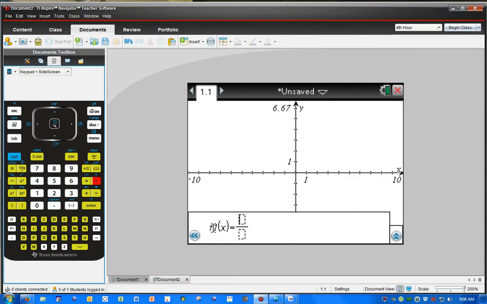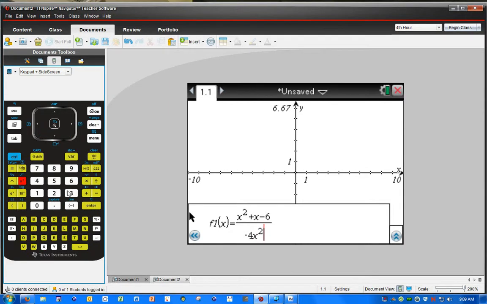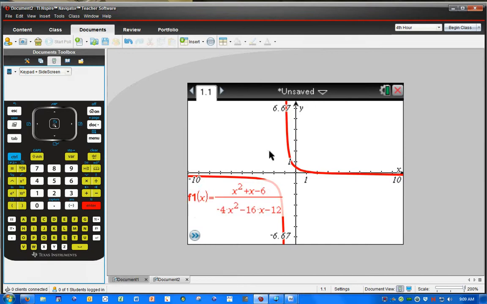So I make a fraction. I'll get x squared plus x minus 6 over negative 4x squared minus 6x minus 12. Hit enter, and here we go.